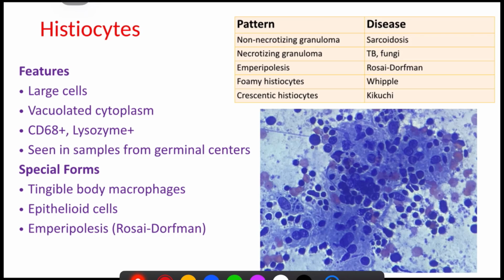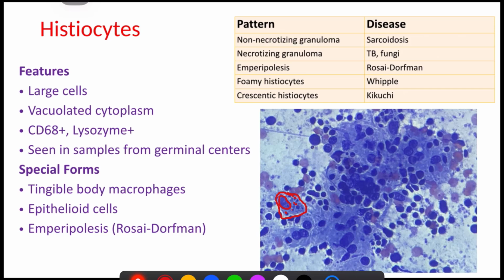Now histiocytes. They are large cells with vacuolated cytoplasm, CD68 and lysosome positive, and mostly seen in the germinal center. So here you can identify this is the tingible body macrophage having vacuolated cytoplasm, and here you can identify nuclear debris in the cytoplasm and a large round to oval nucleus.